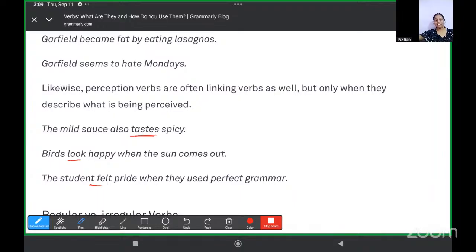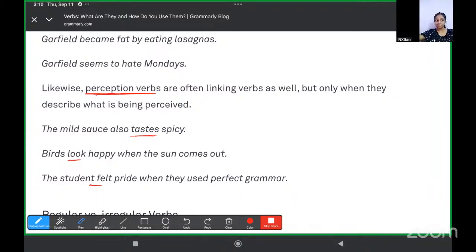Okay. But why? Perception verbs. Perception verbs mean tasting, smelling, feeling, hearing, looking, and listening. So taste is perception.